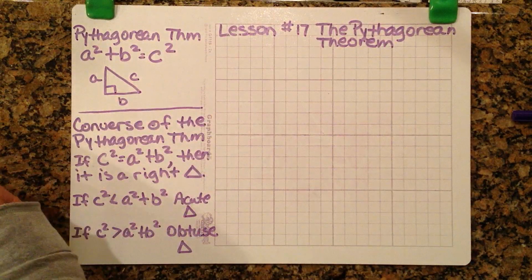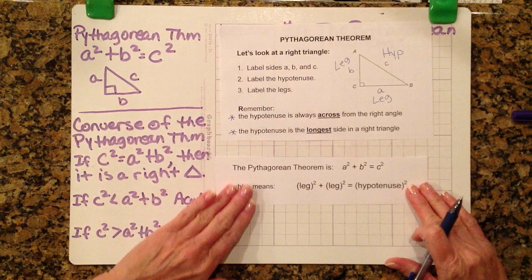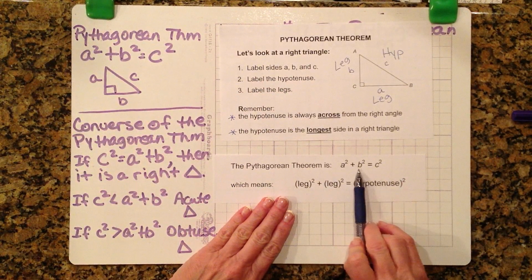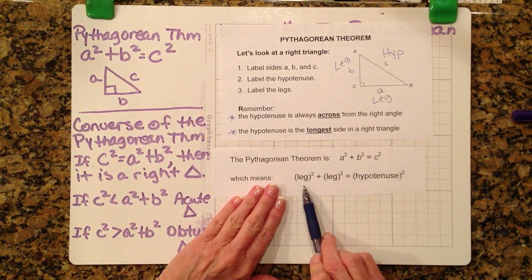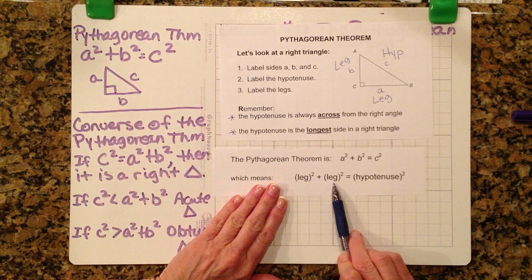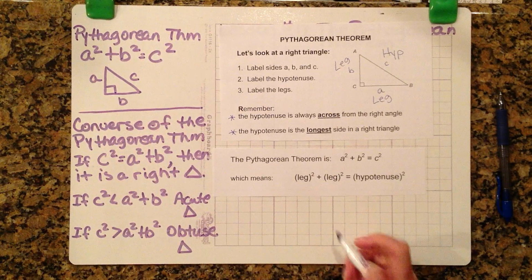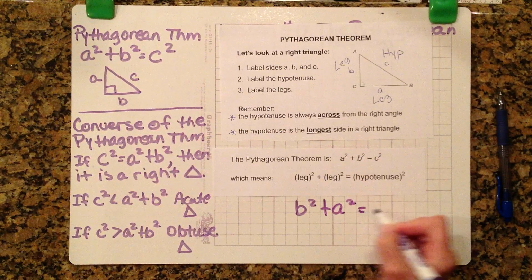So now let's go on and look at the Pythagorean Theorem. Here it is right here. The Pythagorean Theorem is a squared plus b squared equals c squared, which means a leg squared plus a leg squared equals the hypotenuse squared. Now, can I write the Pythagorean Theorem b squared plus a squared equals c squared?